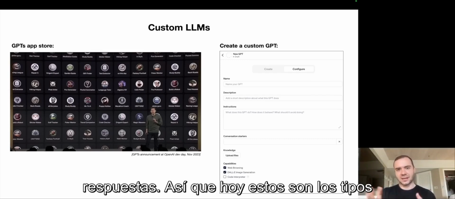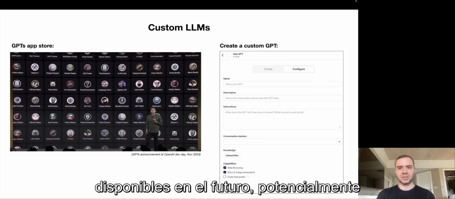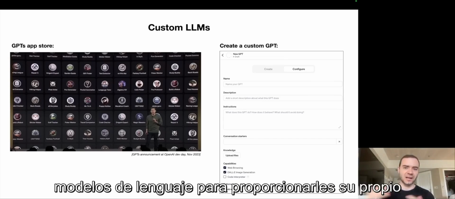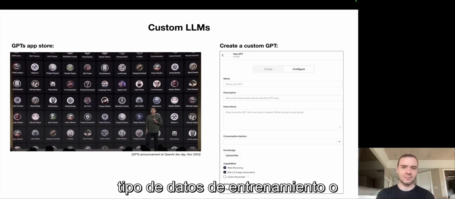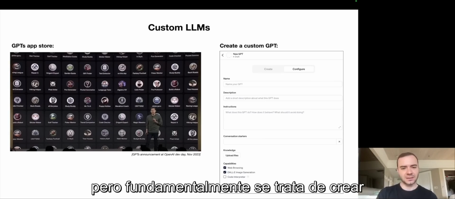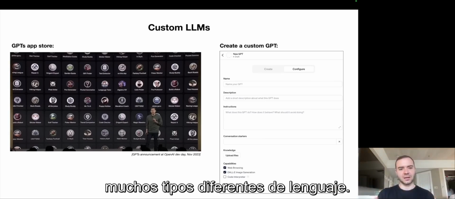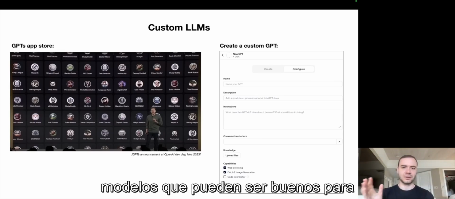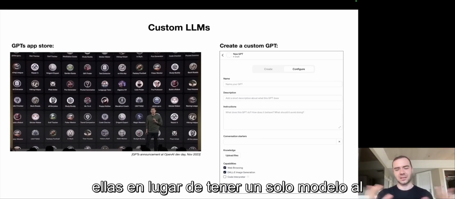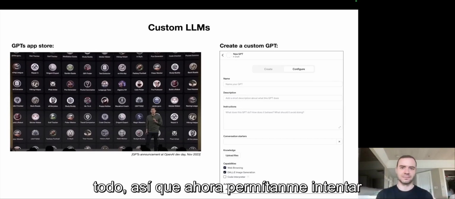So today, these are the 2 customization levers that are available. In the future, potentially, you might imagine fine-tuning these large language models, so providing your own training data for them, or many other types of customizations. But fundamentally, this is about creating a lot of different types of language models that can be good for specific tasks, and they can become experts at them instead of having one single model that you go to for everything.